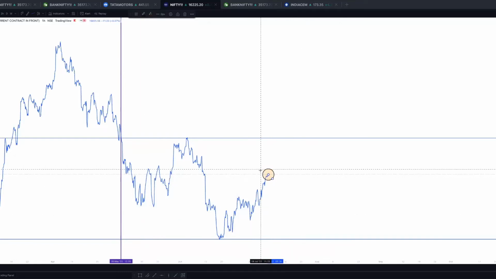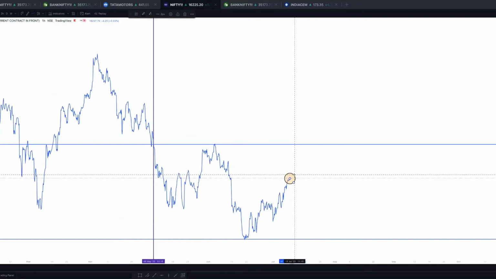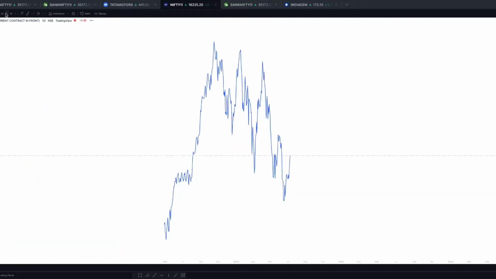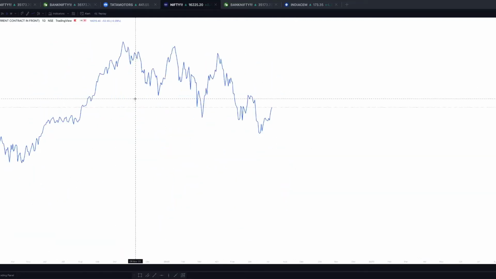Also, if you want to do it from a previous day on a longer time frame, you can choose a different time frame and show it. Okay, yeah, that can be done. So we'll select something like 1 hour, 30 minutes, or do you want daily? We can do daily also.